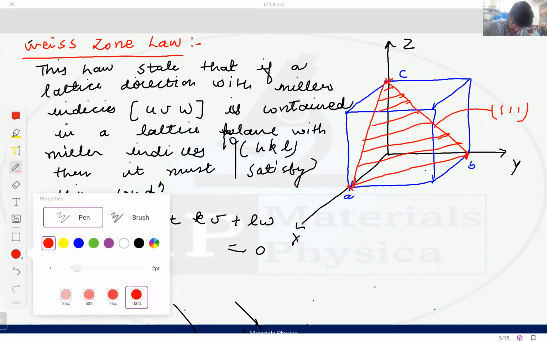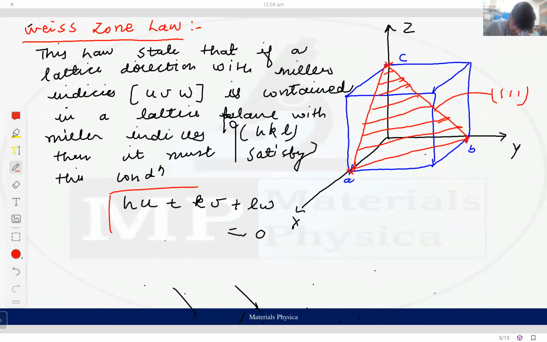This is called the Weiss zone law. It means that if the direction UVW exists in a plane which has the Miller indices HKL, then it will satisfy H into U plus K into V plus L into W equal to 0.